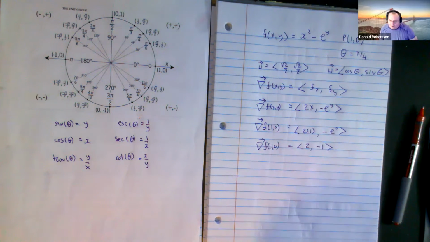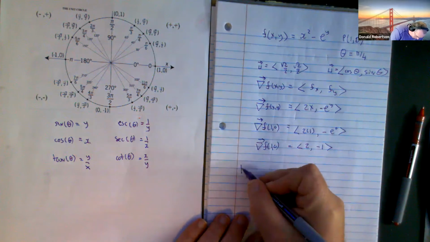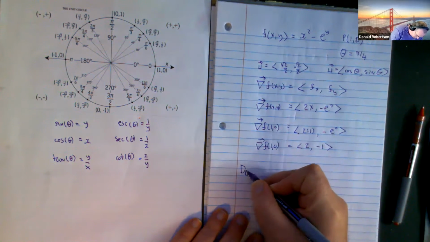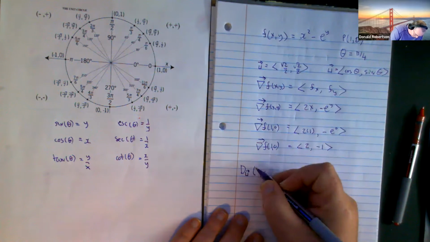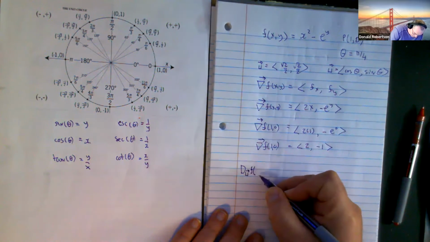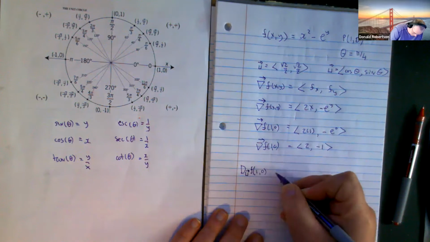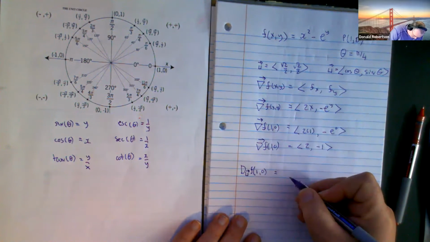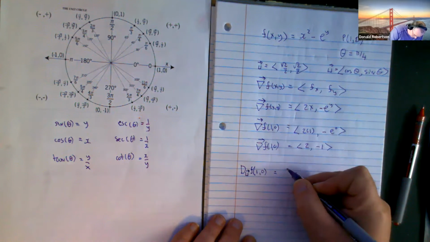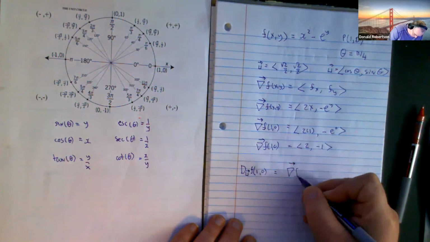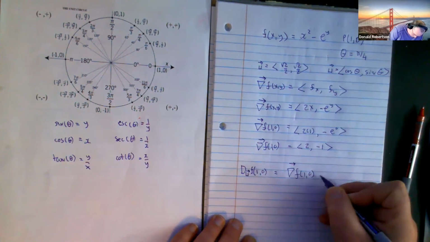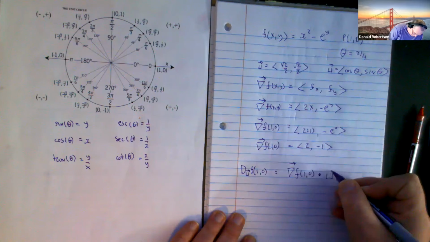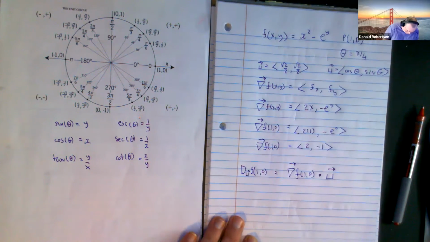Now, you put the whole package together and you get the directional derivative in direction u of the particular function at the point 1, 0. That's going to be the gradient at the point 1, 0 dot product with the unit vector direction.